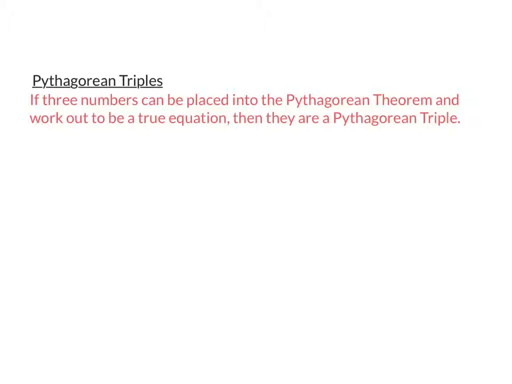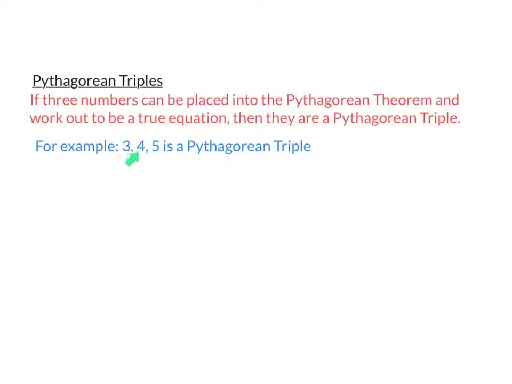When you get to this section of your worksheet today, I'm going to show you the work you need to show in order to prove or disprove that something is a Pythagorean triple. For example, 3, 4, 5 is a Pythagorean triple. That's one of the most common ones that gets used a lot. Additionally, any multiple of these numbers is a Pythagorean triple.